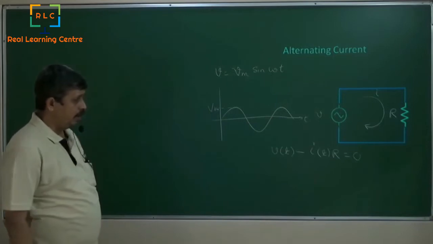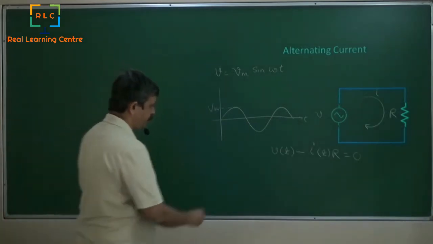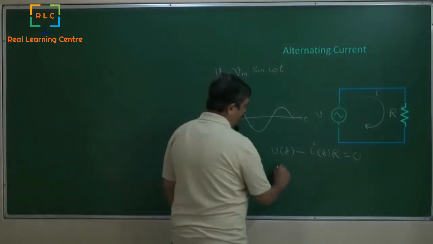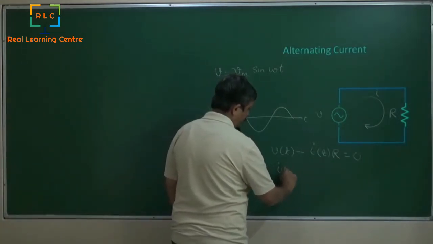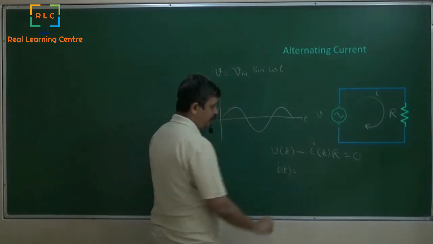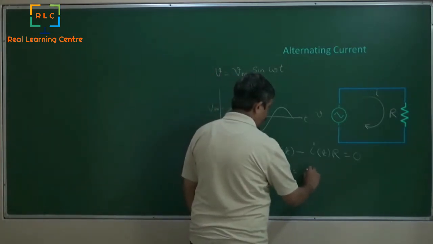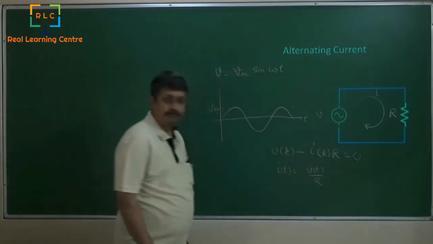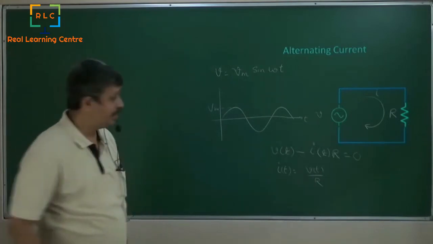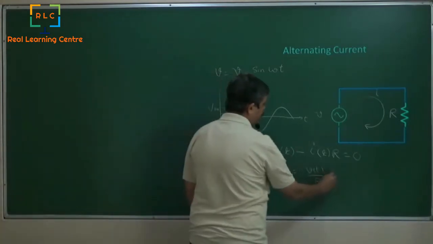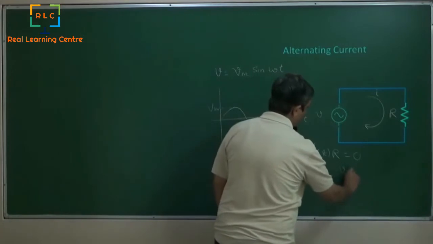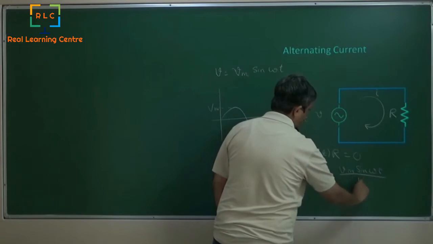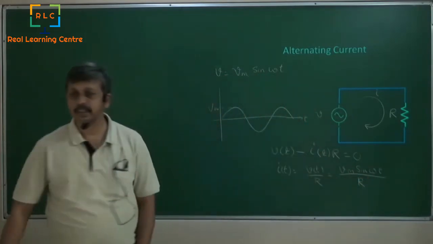If we want to write it as i of t, then it becomes V of t by R. Or we can substitute V of t, which is Vm sin omega t, by R. Like that we can write.